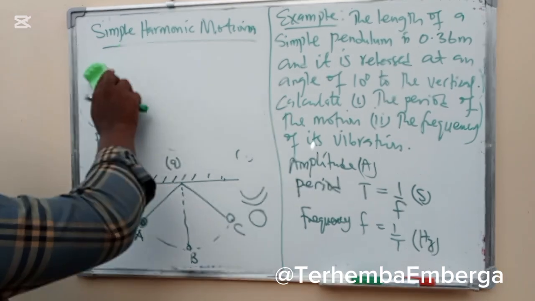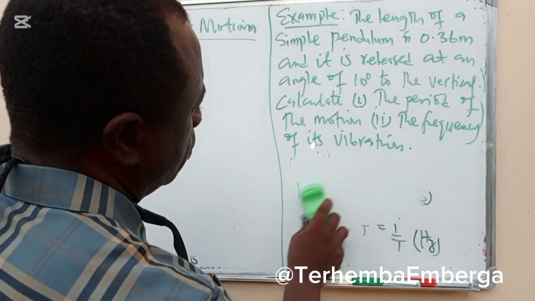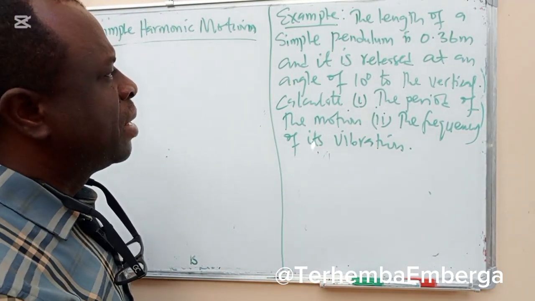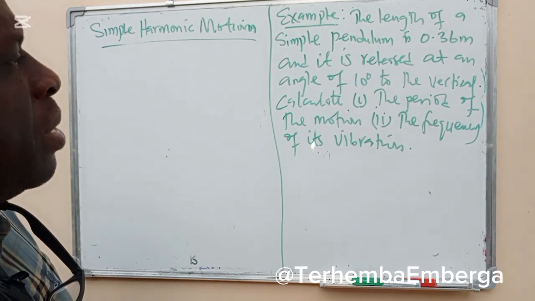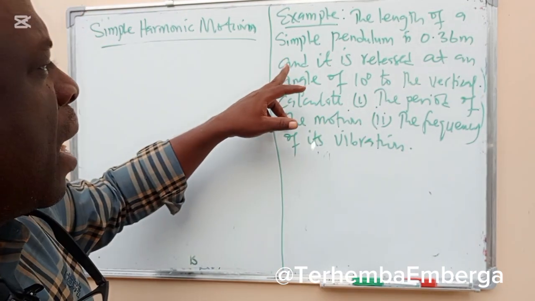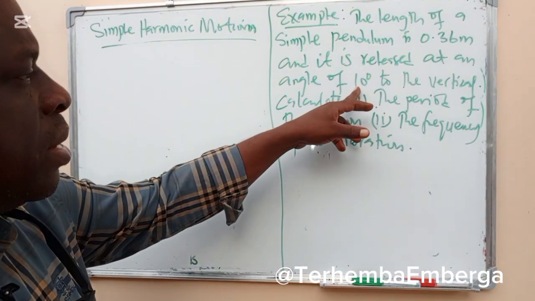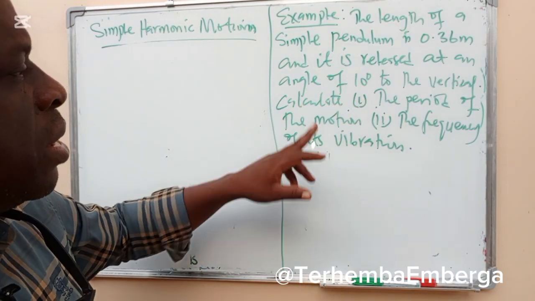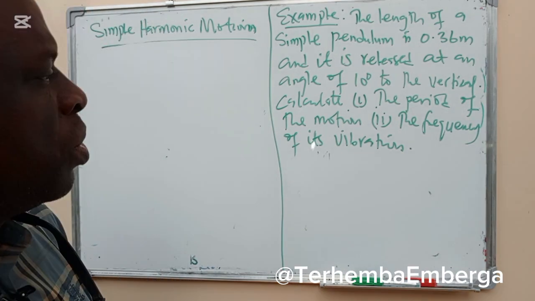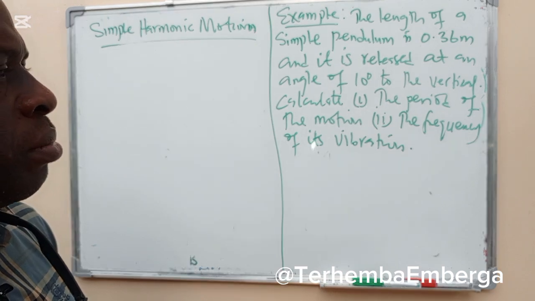So we have a problem here to look at. And the problem says the length of a simple pendulum is 0.36 meters, and it is released at an angle of 10 degrees to the vertical. Calculate 1, the period of the motion, and 2, the frequency of its vibration.